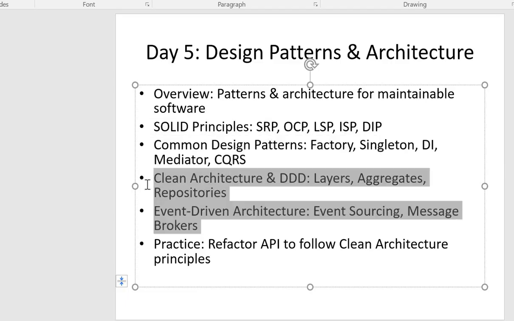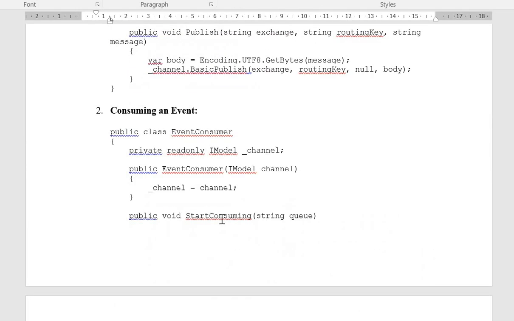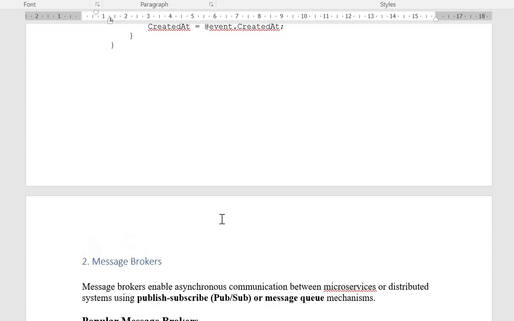That's all, my friends, and I think you have some confusion between these topics, so I will try to cover them once again: event driven architecture, event sourcing, and message broker. First, what is a message broker?